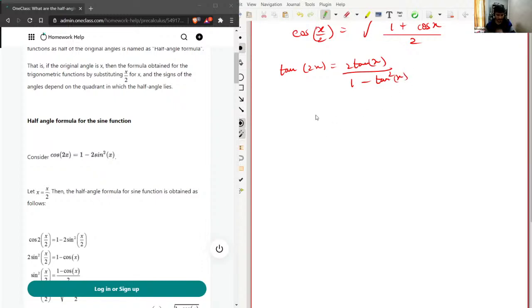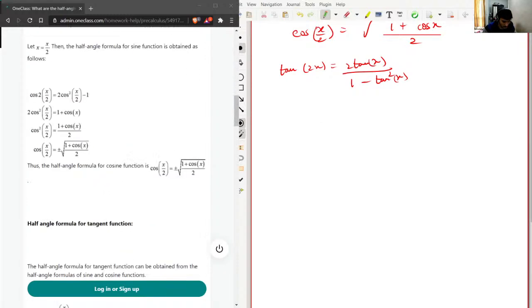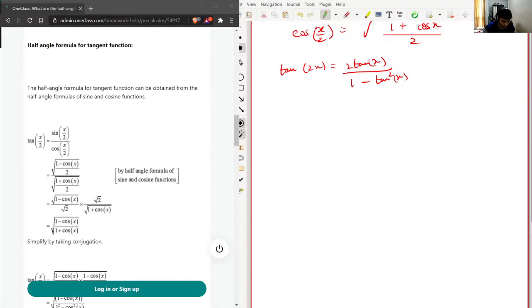In this case, I think we'll be getting a quadratic equation. I'll just cross check this. Okay, so instead of going with this one, we'll write, this was easier.